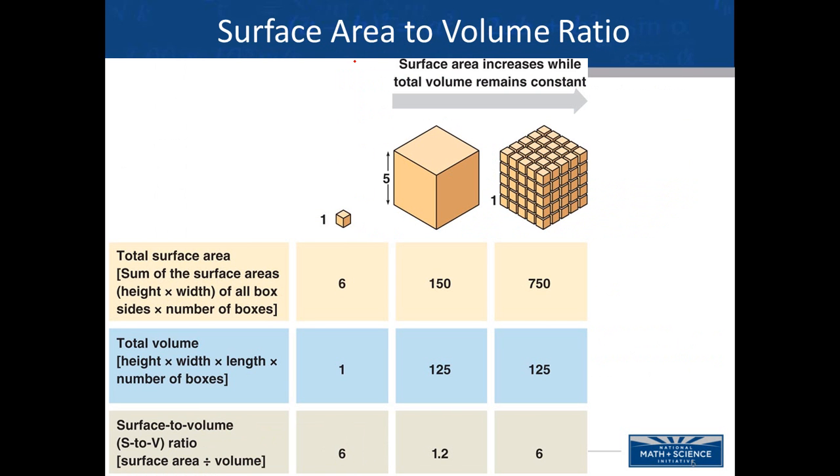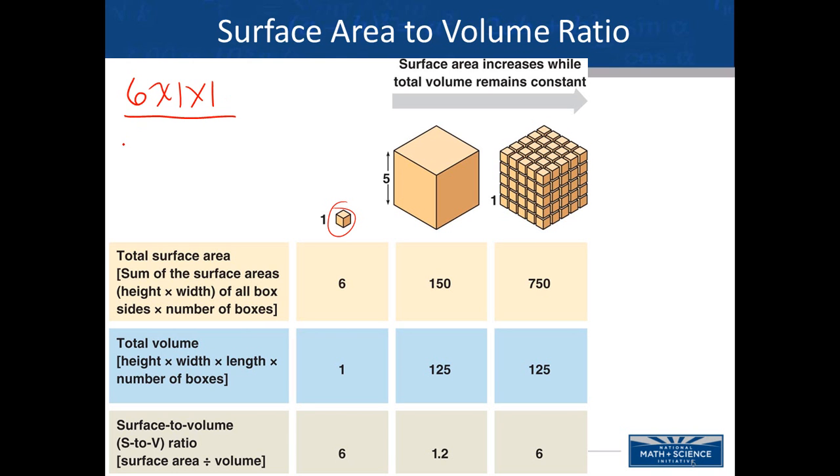We have a cube here, and let's suppose that's one cell, and let's suppose that it has a unit of 1 for its length, width, and height. The exact units are not important. If we were to determine the surface area, we know the surface area is the length times the width, and there are 6 faces to the cube, and it has a unit of 1.